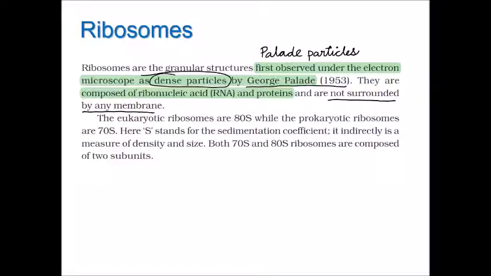Ribosomes are mainly made up of two things. First one is RNA, that is ribonucleic acid, and second one is proteins. So ribosomes usually have two subunits. There is a large subunit like this, and there is a small subunit.